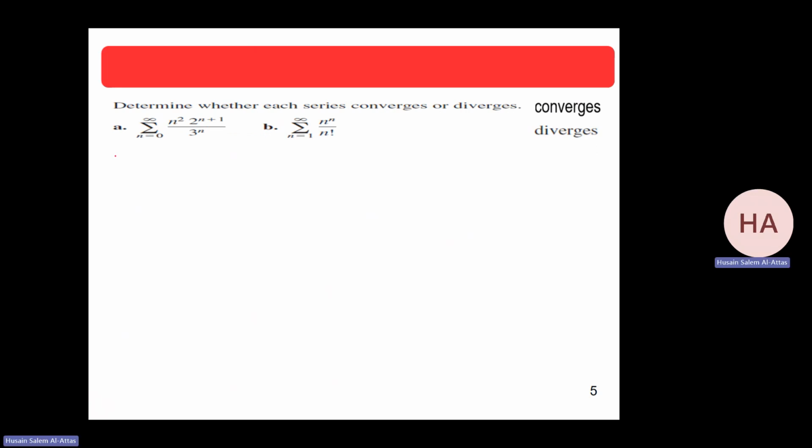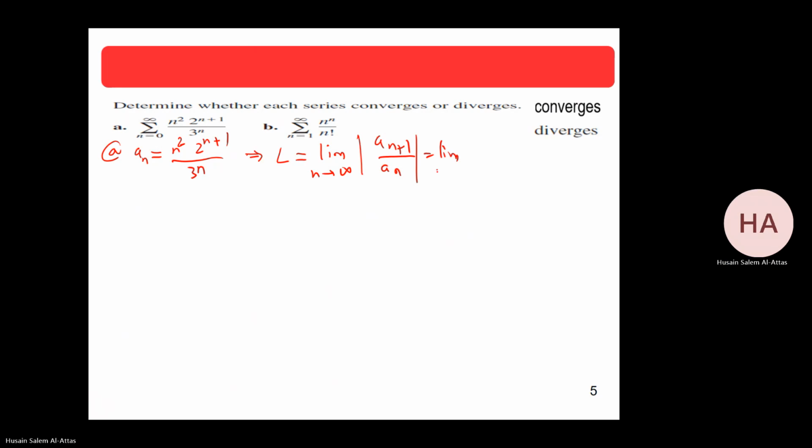Now this is a_n. a_n is n squared times 2 to the power n plus 1 over 3 to the power n. So let me find L right away. The limit as n goes to infinity of a_{n+1} over a_n. I don't need the absolute value since everything is positive.